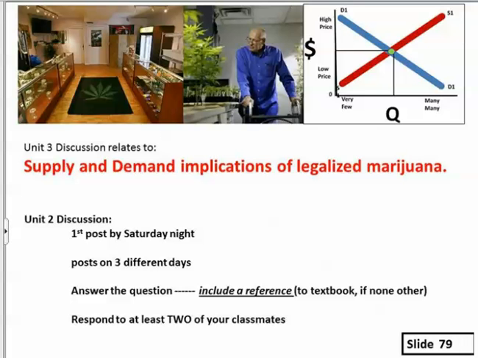Now I'm not really interested in what the moral ramifications are, whether it's a good thing or a bad thing. I'm only interested in what are the supply and demand implications, or what are the economic implications. You can also look at what are some of the costs associated with arresting people who break the law, and how that relates to legalizing marijuana. So you have a lot to play with.